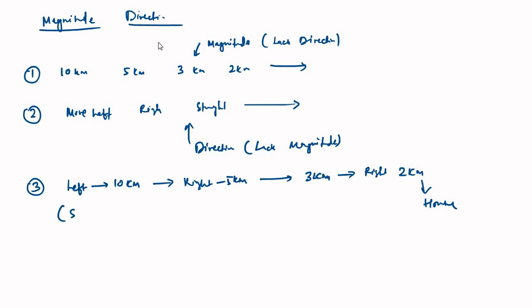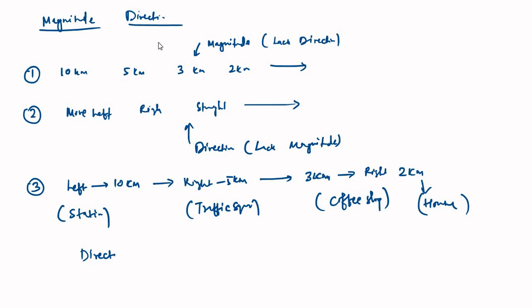Okay, starting from the station, then towards the traffic square, then the coffee shop, then finally at the house. So here in this statement we have direction, we have magnitude, and we also have another important thing, which is reference points.